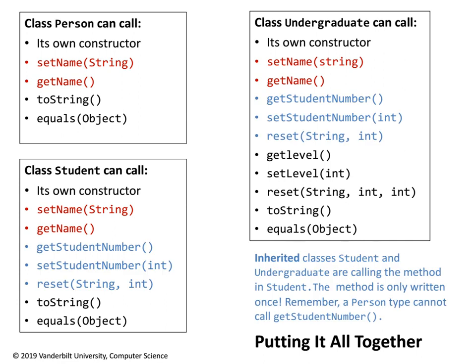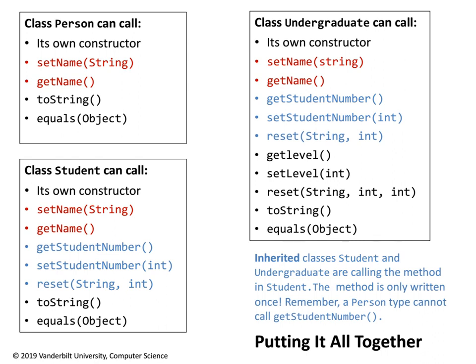These methods in blue are defined in the student class and then inherited into the undergraduate class. But remember, an object of type person cannot call getStudentNumber because it is defined in the student class. It doesn't exist at the person level.